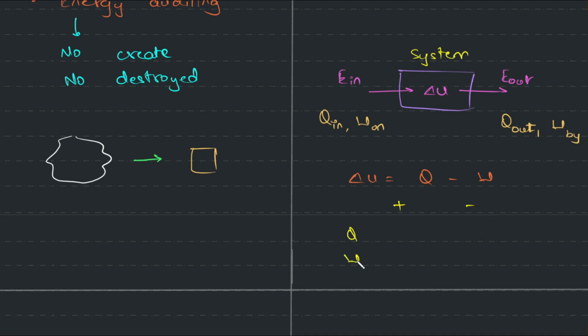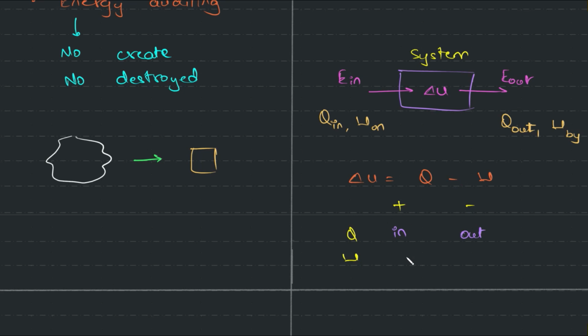Q is positive when heat is coming into the system and Q is negative when heat is going out of the system. W is positive, since it's minus W in the formula. Again, minus W is for the formula. W is an individual term, right? I hope you guys understand that.